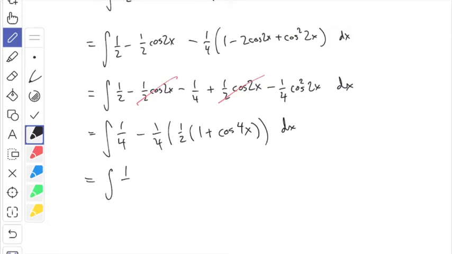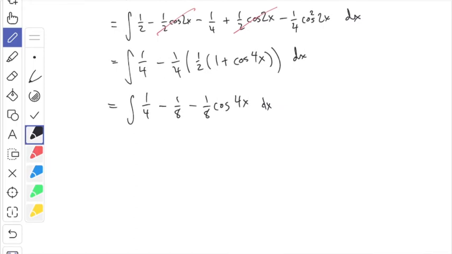I got 1/4 here. Let's just distribute all of that. So 1/4 and a 1/2 makes a 1/8. So it's going to be minus 1/8 and then minus 1/8 cosine 4x. And now we can do the integral, or you could subtract if you want. 1/4 minus 1/8 is 1/8, I believe.